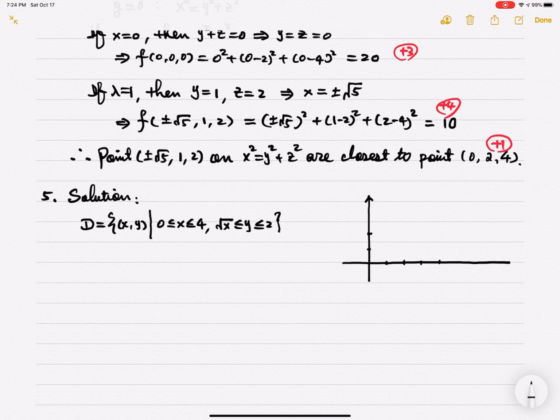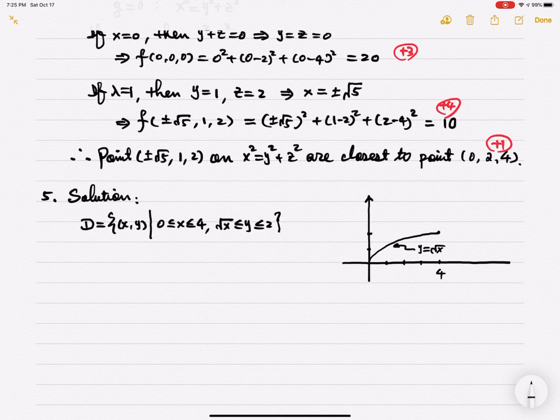Now y equals root x means x equals y squared. So we're going to have this curve, and we say this curve is y equals root x.